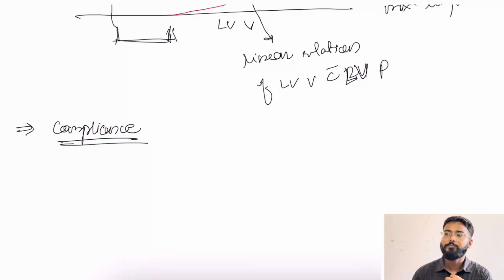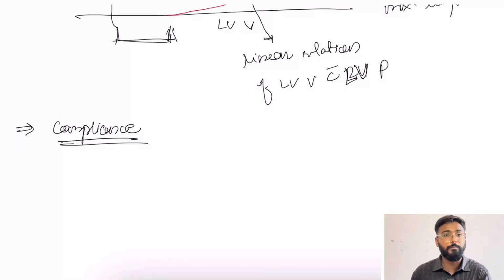Whenever you increase the volume or increase the pressure, the cardiomyocyte is going to increase in length. It is going to stretch, but only to a certain level, not beyond that. This ability of ventricles to stretch when some volume or pressure is imposed on it is called compliance. Compliance is basically the ability to stretch.